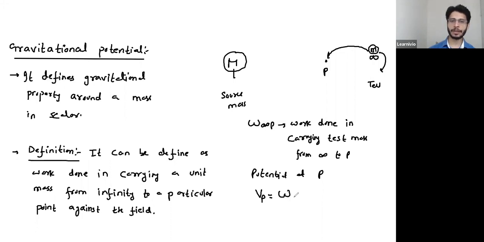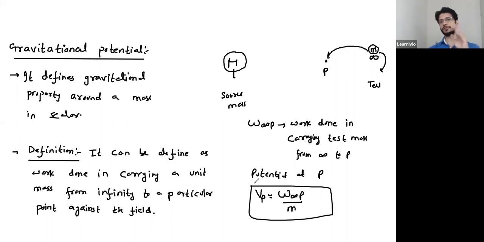This is work done in carrying the test mass from infinity to P divided by the magnitude of the test mass. There's a very small difference between potential and potential energy. In potential energy, the whole of this work done was equal to potential energy. But for potential, we divide this work done by the test mass. So this is the definition of potential.